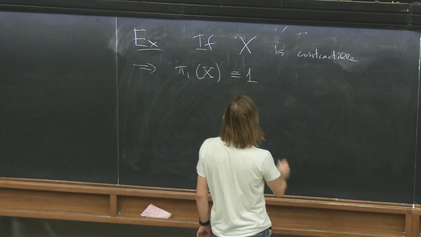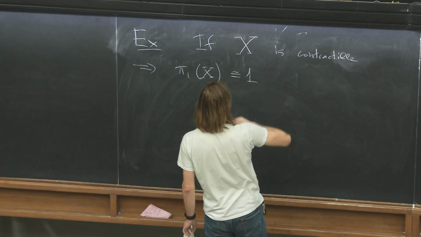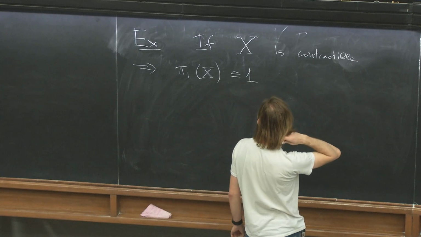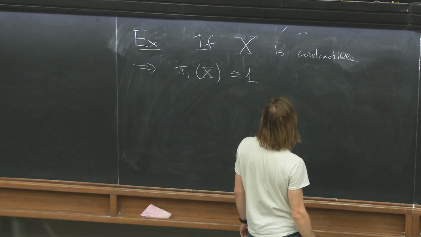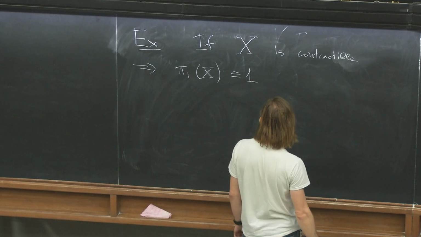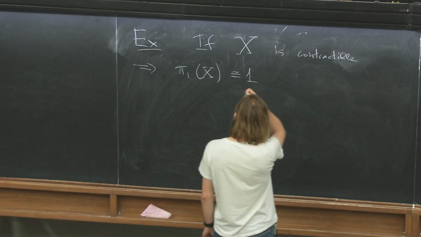Before, we showed that if a space is contractible, it deformation retracts to a point, and so in particular it is path connected.